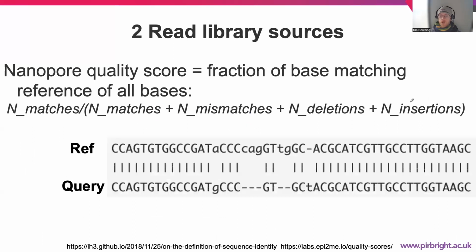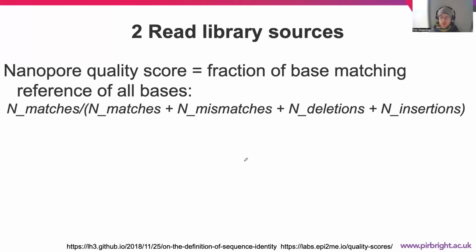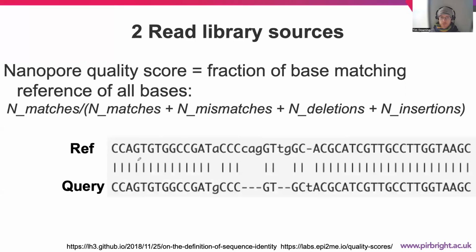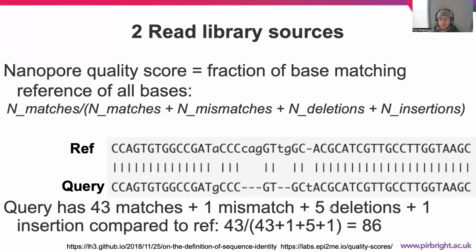So if we have two alignments here, with this low quality read on the bottom and the reference on top, you can see there are 5 deletions and 1 insertion. So we can compute the score. We've got these 5 deletions, 1 insertion, 1 mismatch. That means we can compute a score of 86 in this particular instance. So that's how we can compute quality scores for Nanopore data.